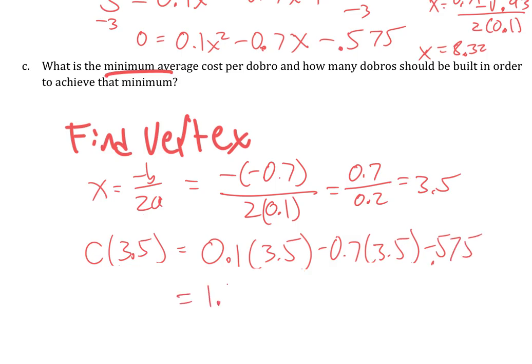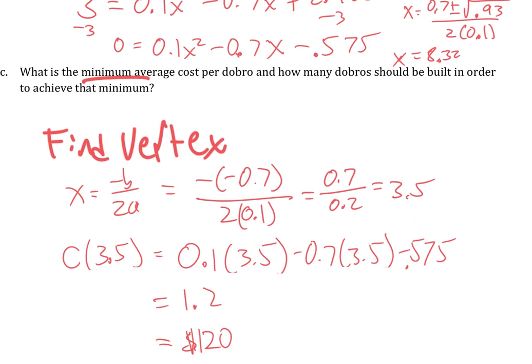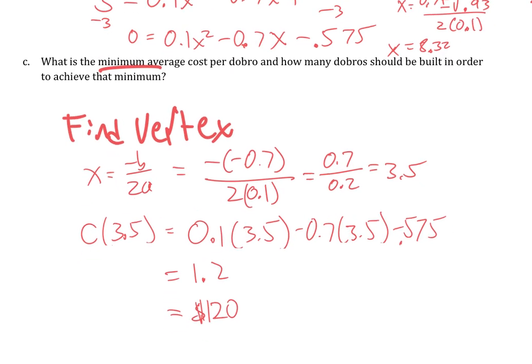That is going to give us 1.2, which means the cost is $120. So what is the minimum average cost?